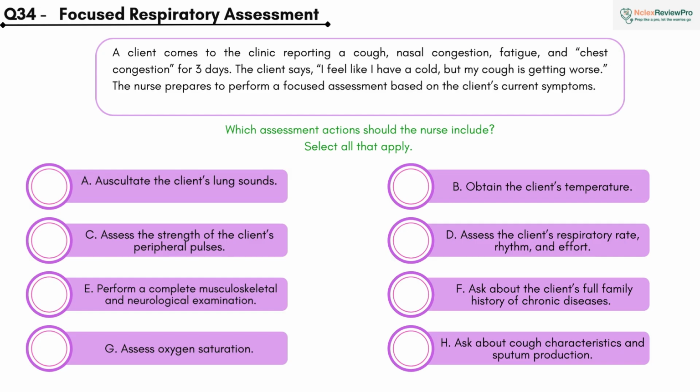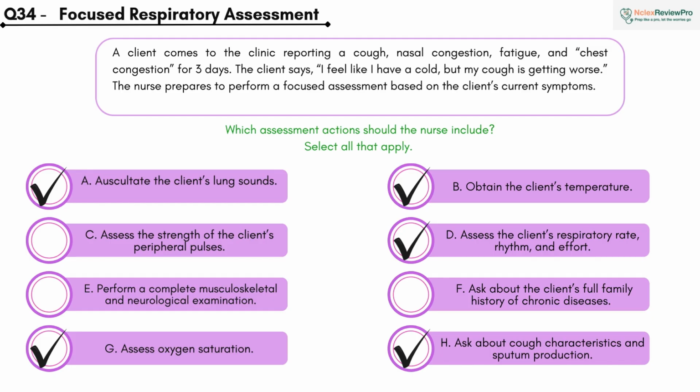Option F, ask about the client's full family history of chronic diseases. Option G, assess oxygen saturation. Option H, ask about cough characteristics and sputum production. Take a moment and think about your answer. The correct answers are option A, option B, option D, option G, and option H.